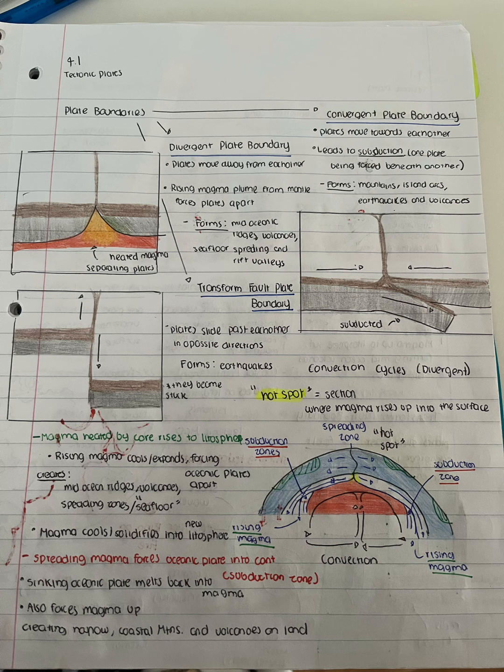It creates mid-oceanic ridges, volcanoes, spreading zones, and seafloor. Magma cools and solidifies into new lithosphere, and spreading magma forces the oceanic plate into a subduction zone. And then the sinking oceanic plate melts back into magma. It also forces magma up, creating coastal mountains and volcanoes.